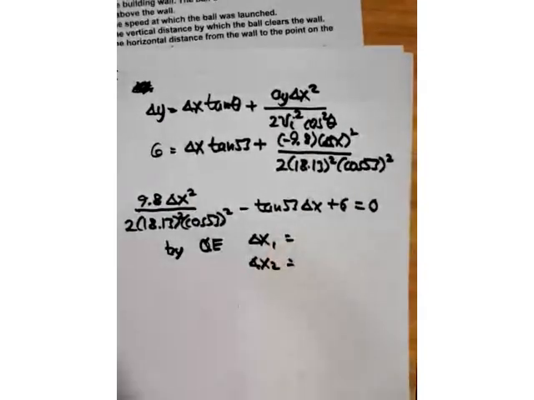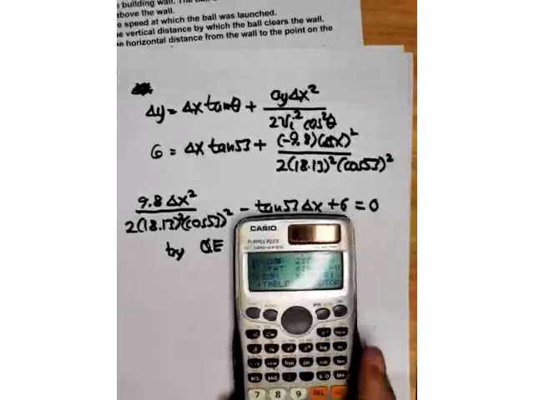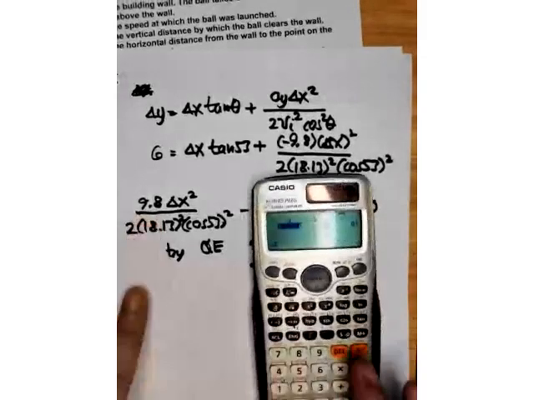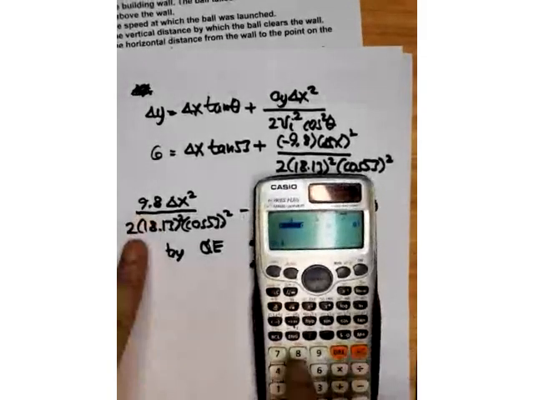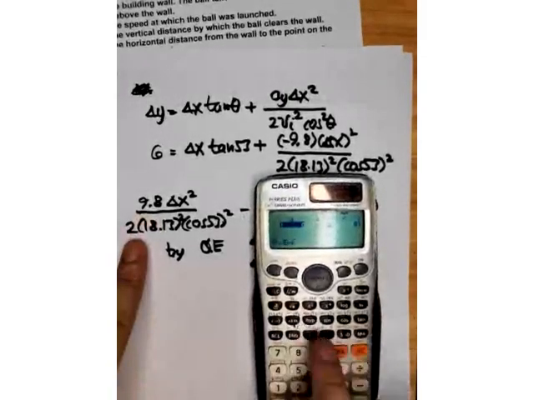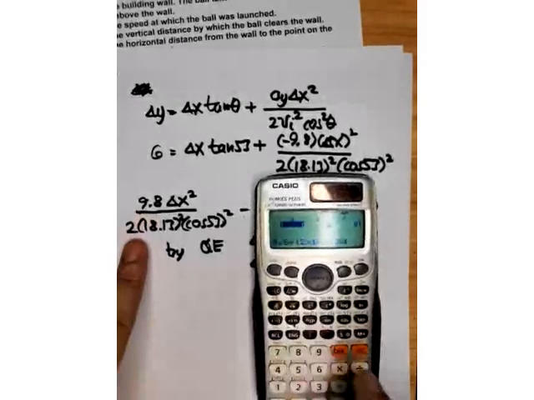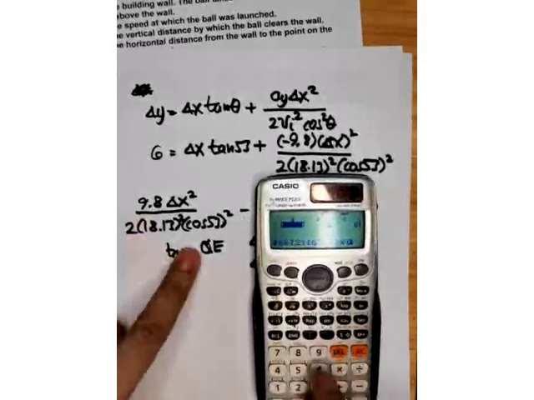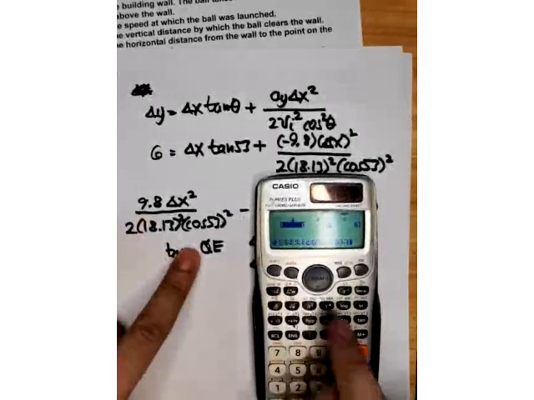Ayan. So, type nila. Mode 5, 3, and then i-fraction nyo na lang to. Type yung 9.8 divided by the quantity 2 times 18.13 squared times quantity cosine 53 close squared.